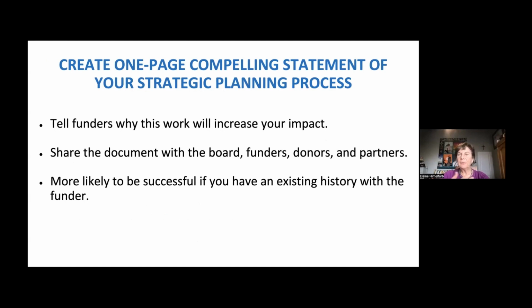I believe you should create a 1-page compelling statement about what you want to do with your strategic planning process, and send it out to tell your funders that it's going to increase your impact. Share the document with your board, your funders, your donors. And then this is kind of common sense. If you already have a donor, a foundation that supports you, or a grantor, let them know, even if you're not asking them for money, just let them know that you're doing this, because it really strengthens their regard for you. So there you go.